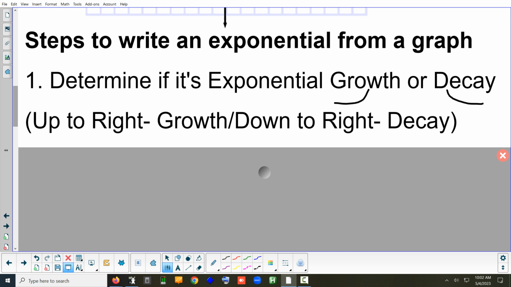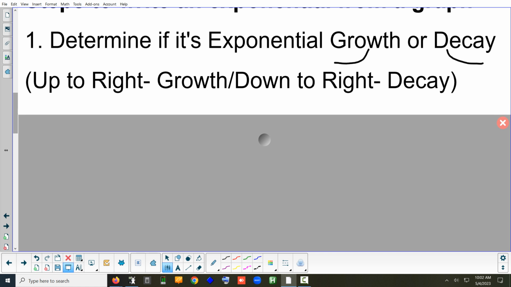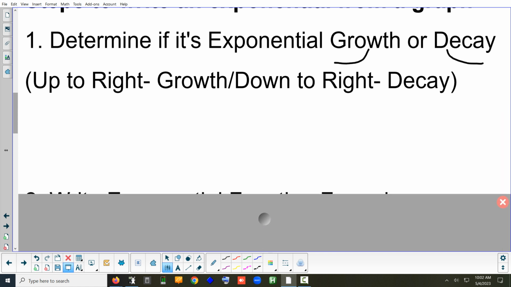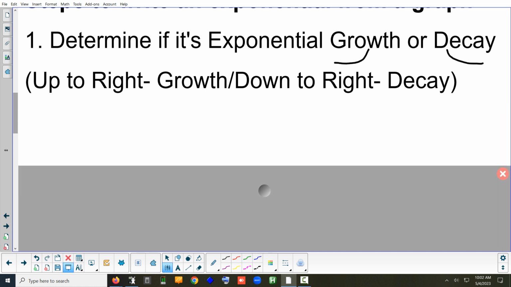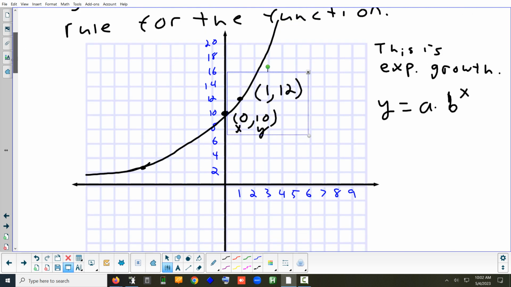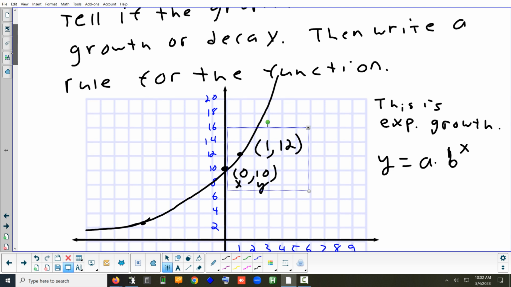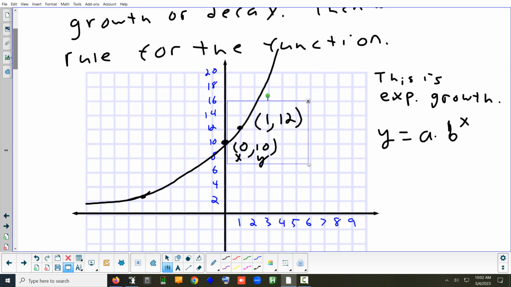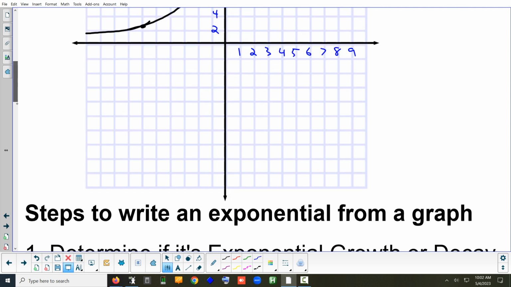Down to the right, decay. Then write the function? We have to still figure that out. We haven't figured out what it is yet. We kind of figured out the a value by looking at the number with 0, just like in a table. But we haven't got the b value yet, so we've got to figure that out.